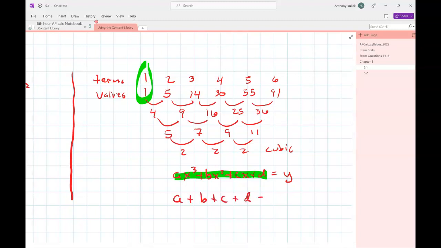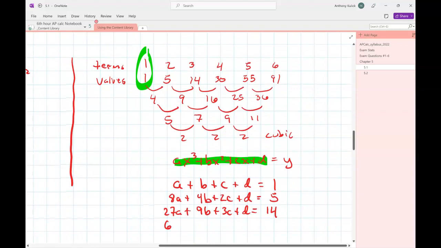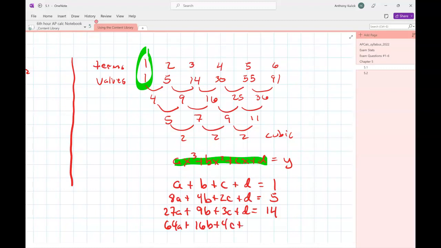So when I plug in x = 1 and y = 1, and then the next one, plugging 2 in for x and 5 in for y, then 3 in for x and 14 in for y, and then 4 in for x, that will become my system of 4 equations.